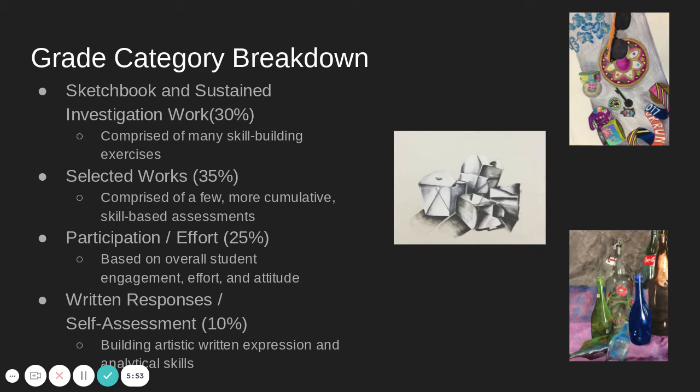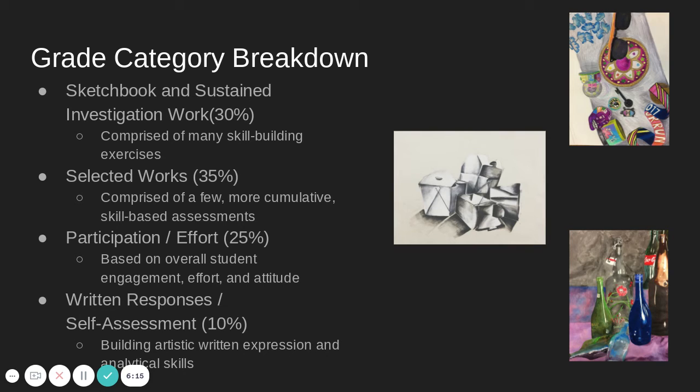The selected works that students do will be finished pieces. Now that doesn't mean we're only going to create 5 throughout the year. We're going to create many more than that, but when it comes time to submit them, they will curate which ones they want to submit. But those selected works will be restrained to probably 3 to 4 per quarter.